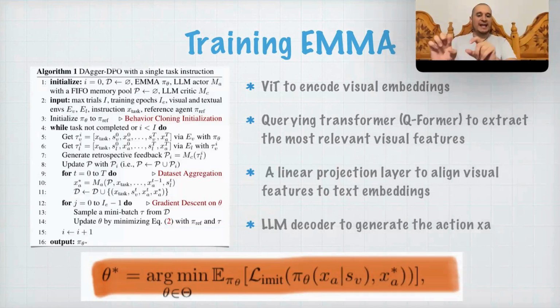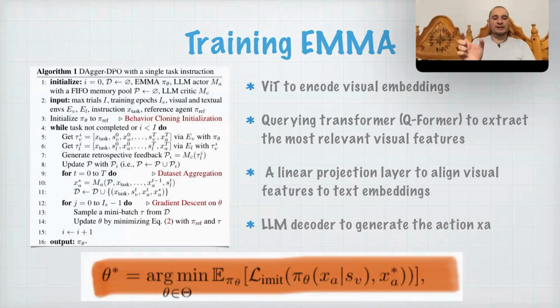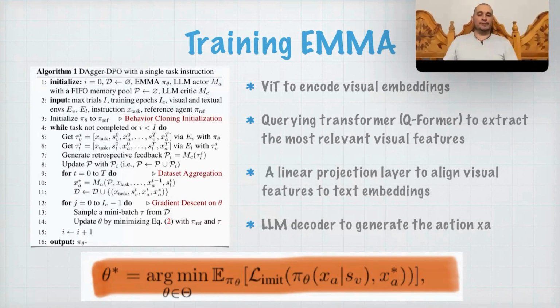This action XA, as you can see in the bottom, has a conditional dependence on the visual embeddings, SV, and what we are attempting to do is minimize the loss from the imitation action to the expert action. And that is the actual problem that we are optimizing. And as we are optimizing this problem, the linear projection layer weights are being updated.